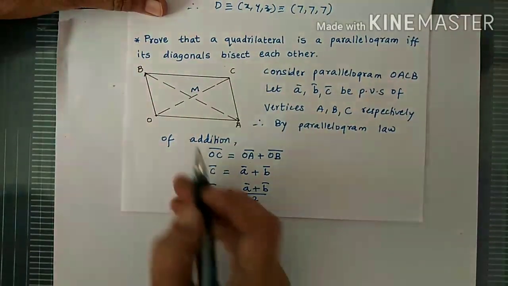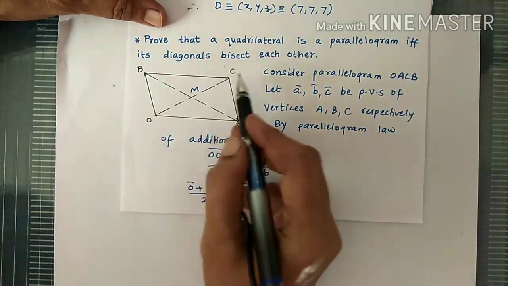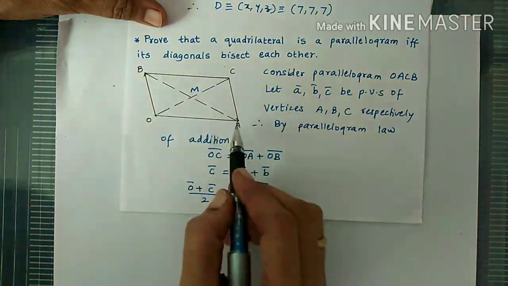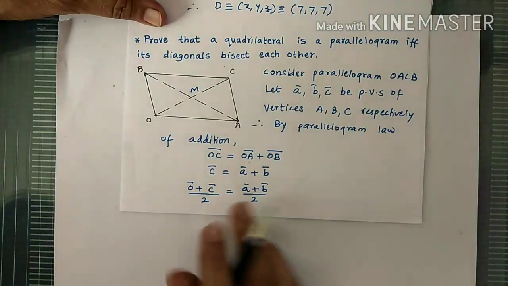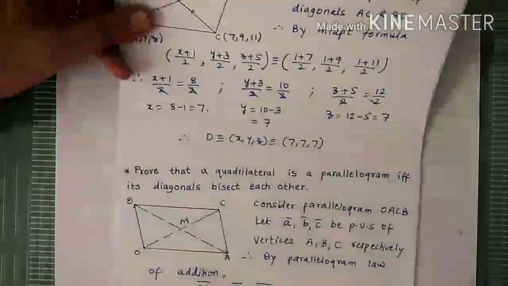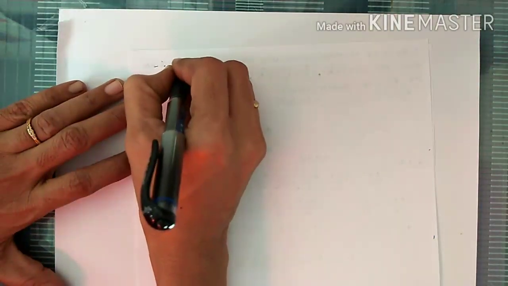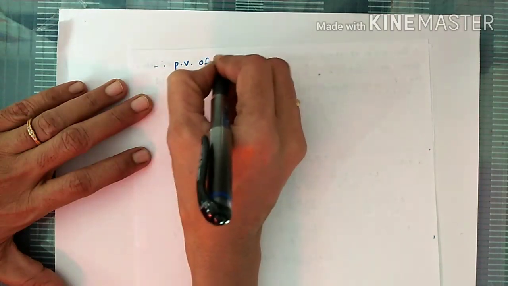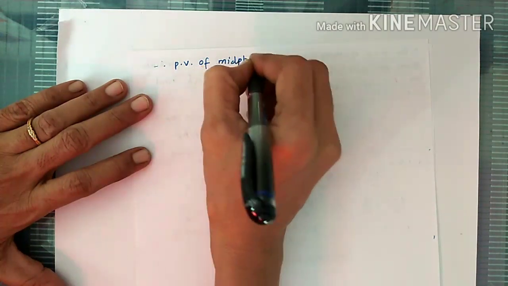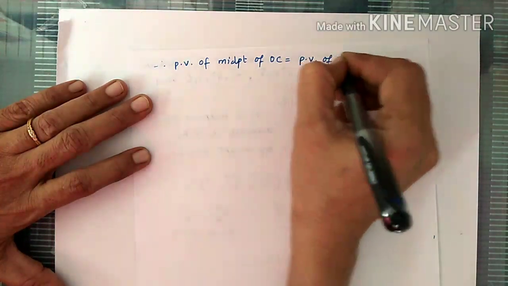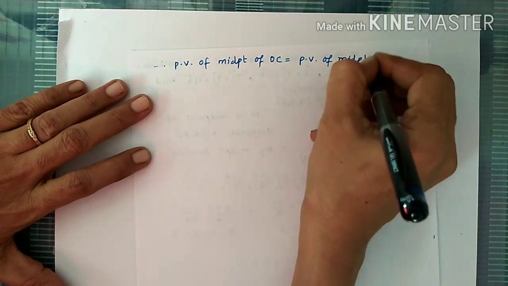Because 0 bar plus C bar upon 2 is the position vector of midpoint of OC and A bar plus B bar upon 2 is the position vector of midpoint of AB, and by the equality it is one and the same point. So position vector of midpoint of OC is equal to position vector of midpoint of AB.